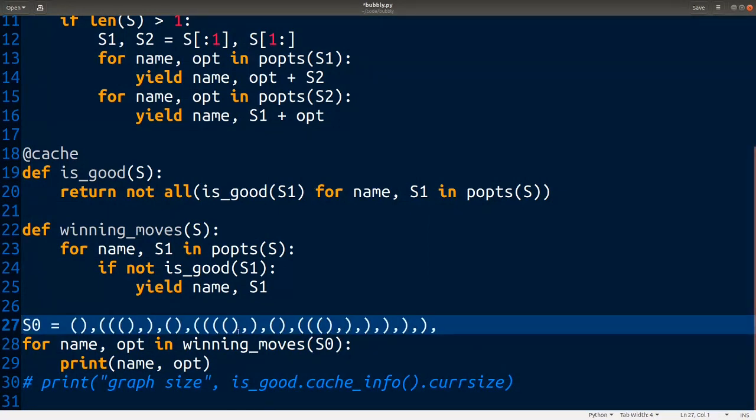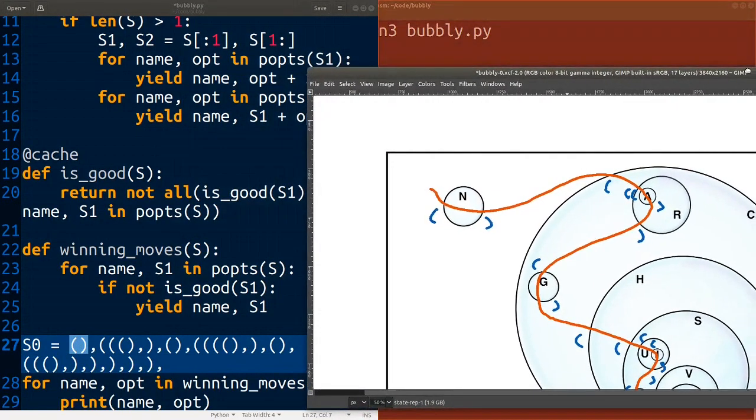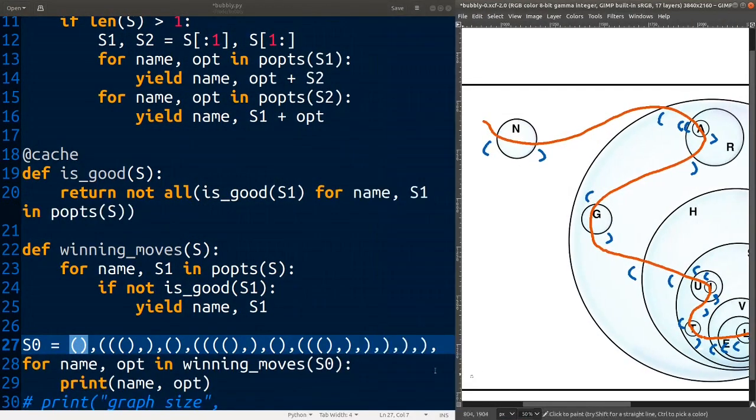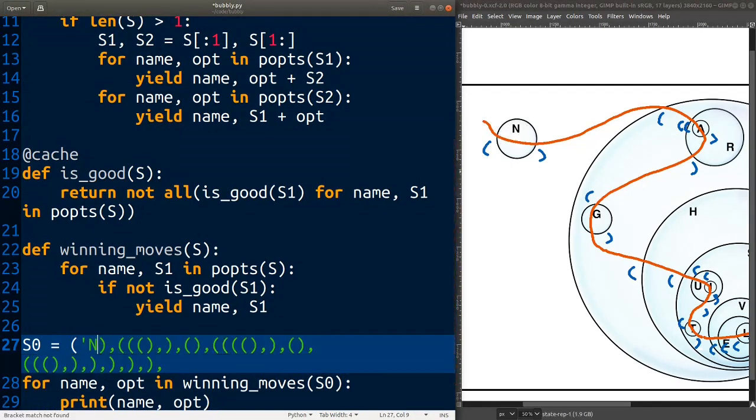All right, so let's update this to include the names. All right, so essentially we're going to walk the same line, and every time we have an open parenthesis, we're also going to put the name of the bubble followed by a comma. So this first open parenthesis is entering the bubble N, so let's put N there.